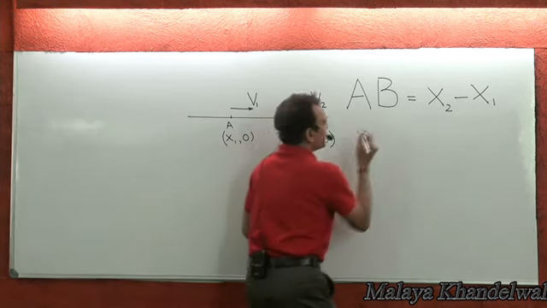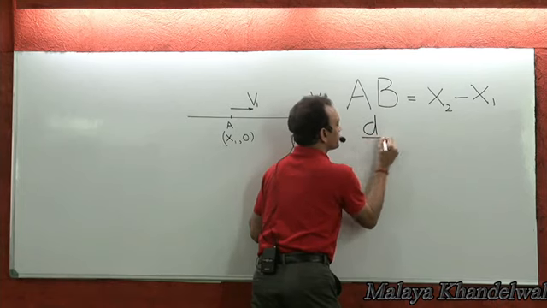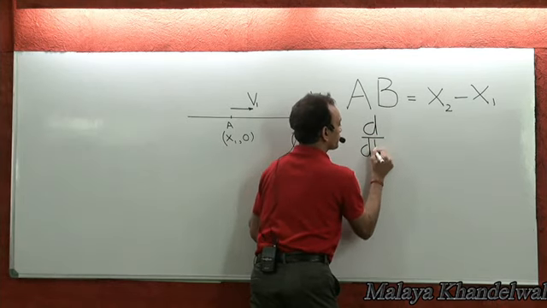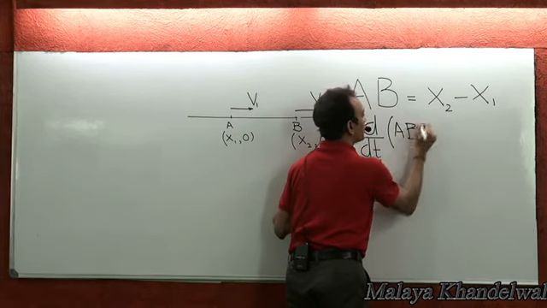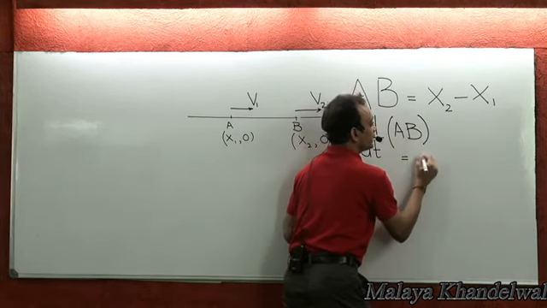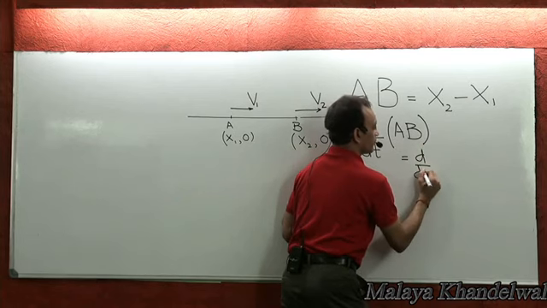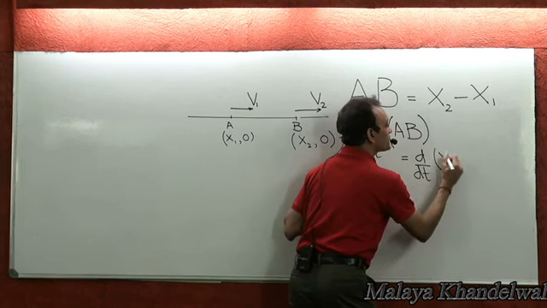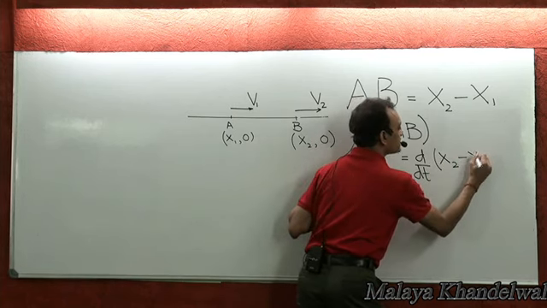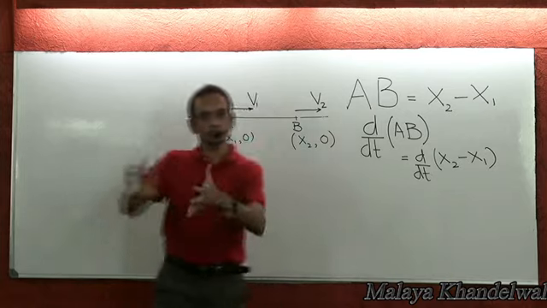Now, rate at which AB changes with time is given by d/dt of x2 minus x1. Yes or no? That's the rate at which AB changes with time.